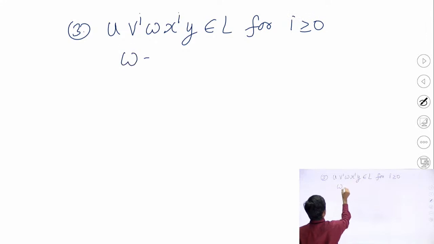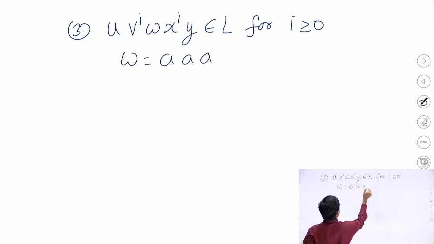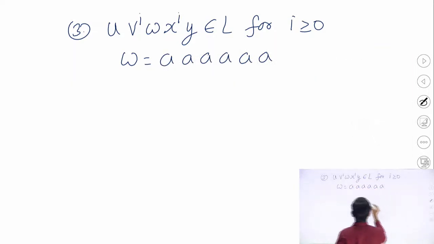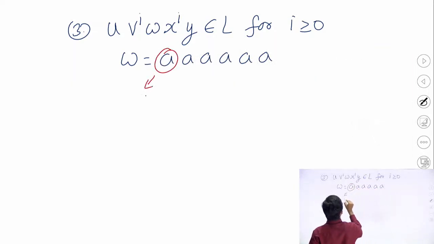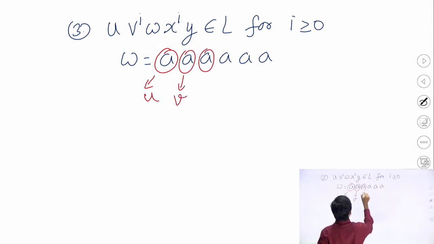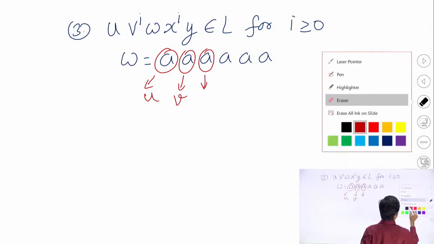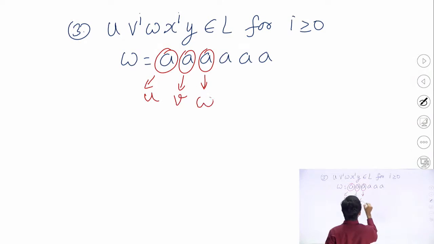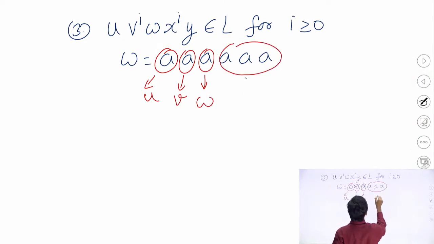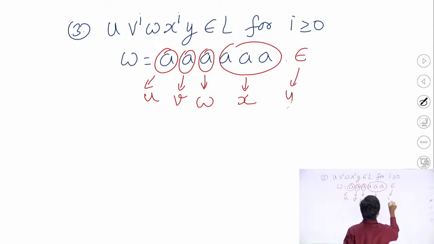Here w is 6 times a, which we have divided: first is u, second is v, third is w, this is x, and the fourth one is y.